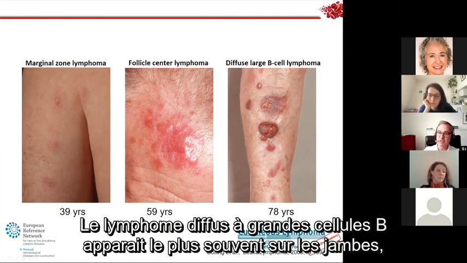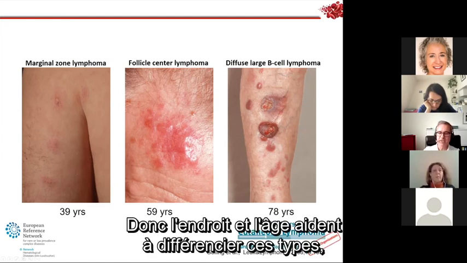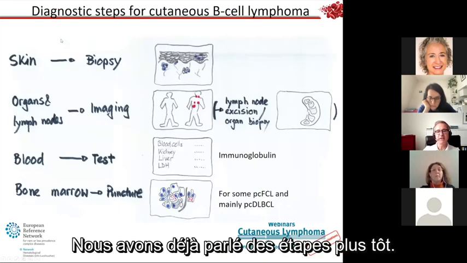Whereas diffuse large B-cell lymphoma most often occurs on the lower legs and virtually invariably in older people, around 80 years on average. So age and location help us a little bit in separating these types, but we have to do the histology.